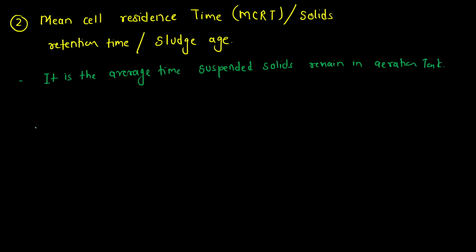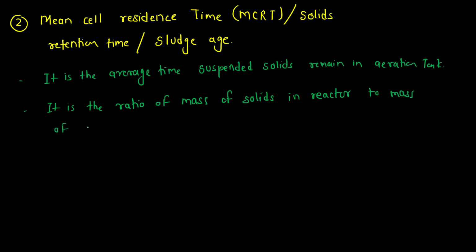So this time we are calculating it. What is the definition? It is the ratio of the mass of solids in the reactor, that is the aeration tank, to the mass of solids, that is MLSS, wasted per day.